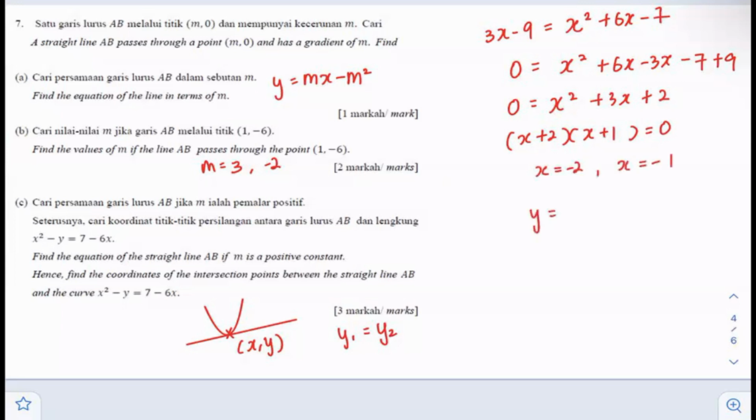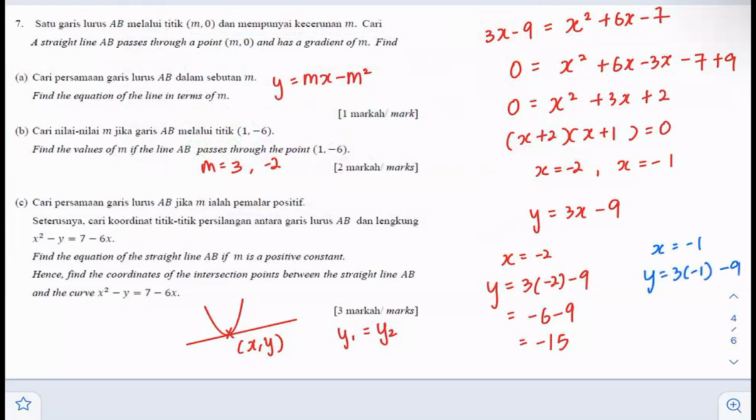As we know y equal to 3x minus 9, when x equal to negative 2, y equal to 3 multiplied with negative 2 minus 9. So negative 6 minus 9, and we have negative 15. For x equal to negative 1, we have y equal to 3 multiplied with negative 1 minus 9.